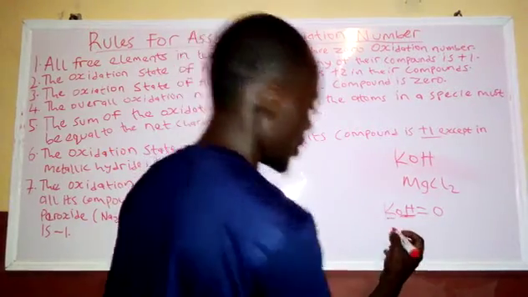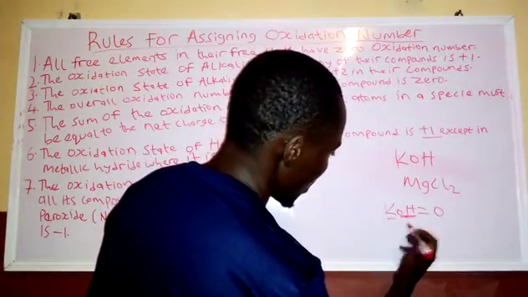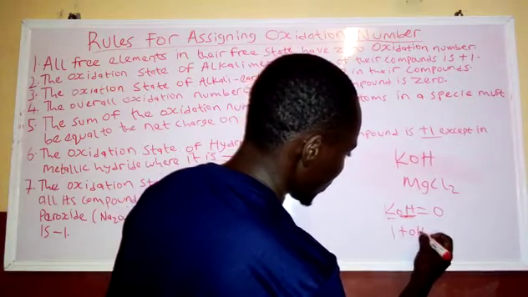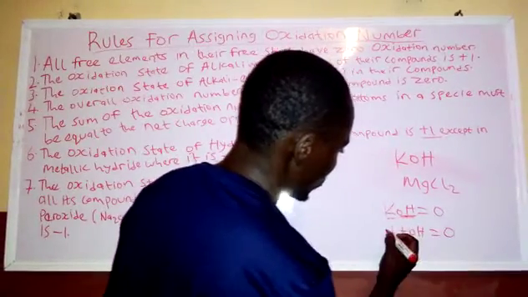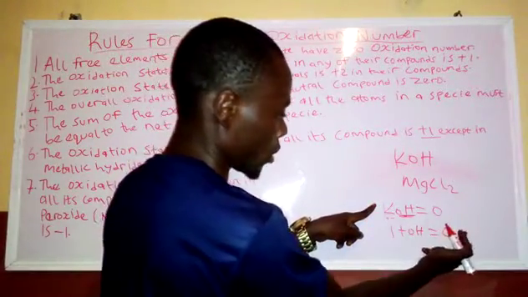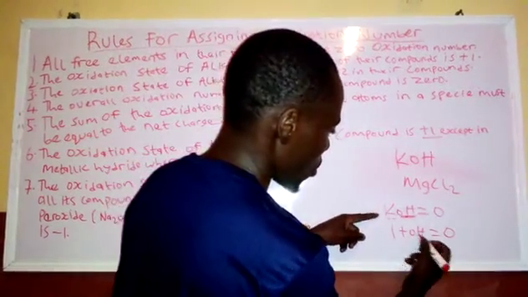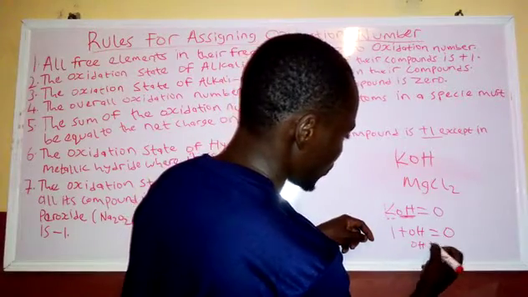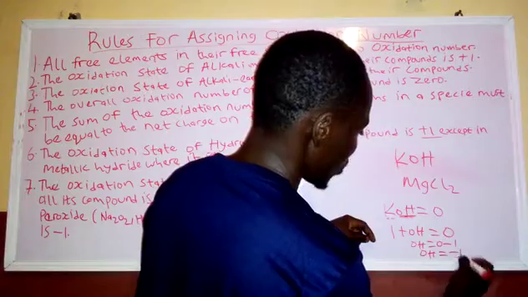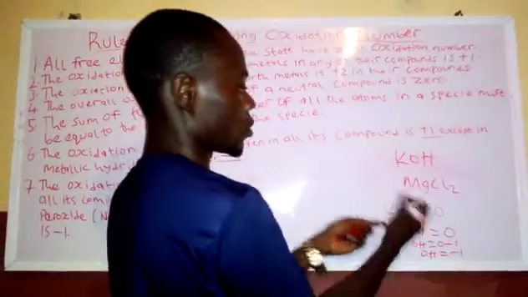How do we go about that? The oxidation number of K is +1, so 1 plus OH equals 0. So OH equals 0 minus 1, which is minus 1. So the oxidation number of OH is minus 1.